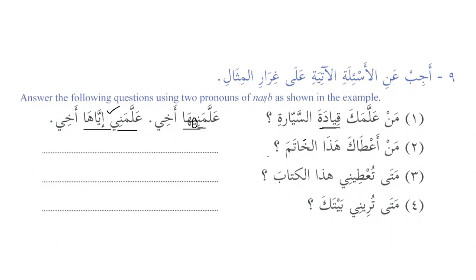Because we know that أعطى generally requires two objects. So you will say أعطانيه, right? And أبي will be the doer. So my father gave it to me, or you want to say أعطاني إياه أبي. Excellent. So two possibilities are there: أعطانيه أبي and also أعطاني إياه أبي.